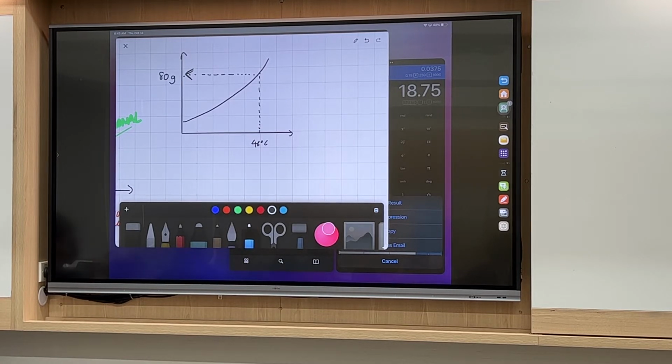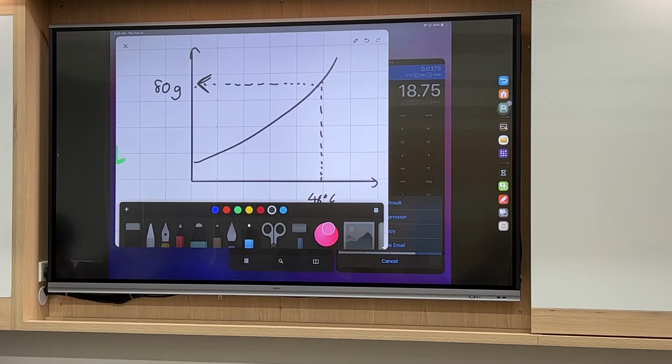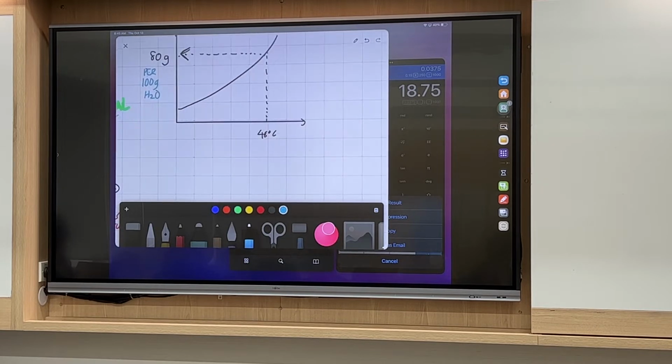Can you all find 80 gram there on the y-axis? But if you put this as an answer, you will be incorrect. Why? Because this is 80 gram, look at the y-axis now, per 100 gram of water. That means for every 100 gram of water, you can put as much as 80 gram of potassium nitrate. But what does the question ask?